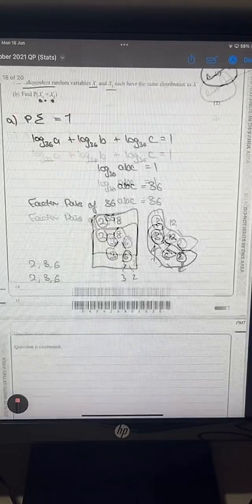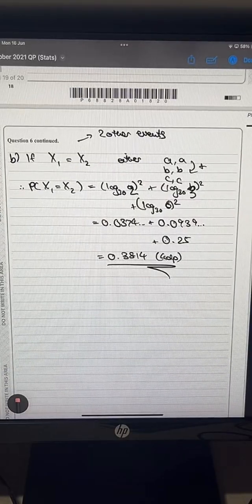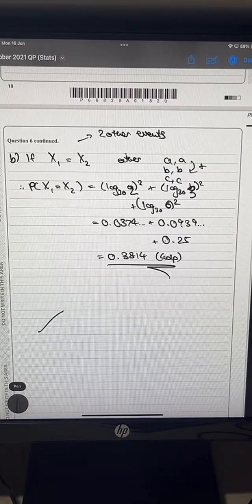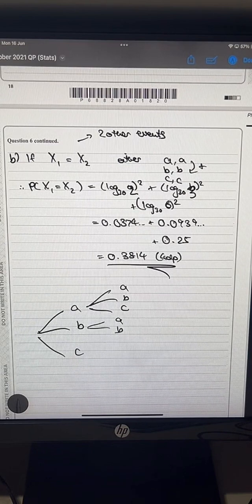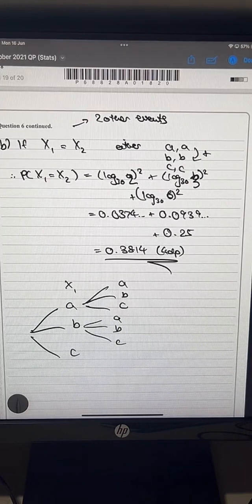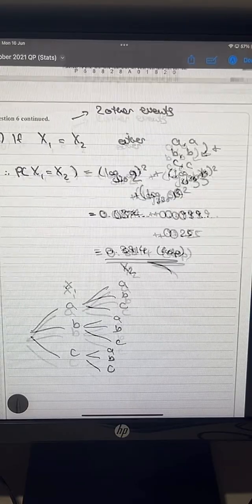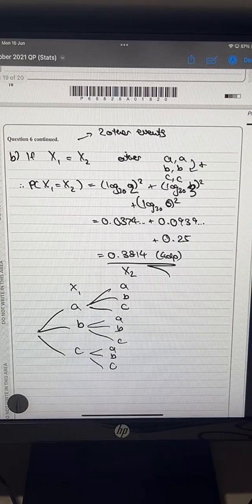If this kind of helps, you could have A, B, and C, and then you could have A, B, C, A, B, C. This is x1, this is x2. So I need them to be the same, right? So it would be A and A, so I multiply across the branches.